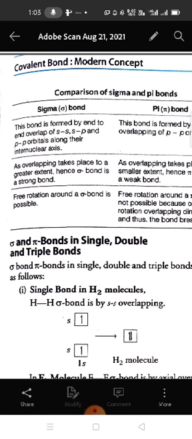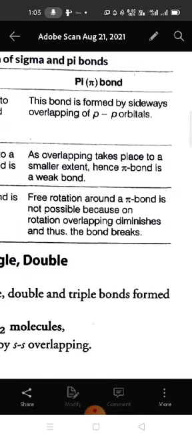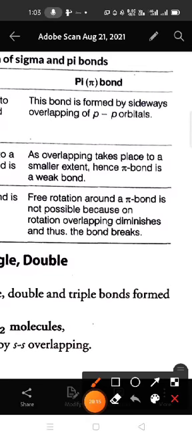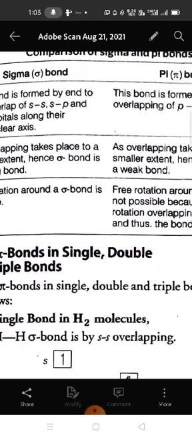Whenever the orbitals overlap axially, they form a sigma bond. As overlapping takes place to a smaller extent, a pi bond is formed. In this kind of overlapping, partial overlapping takes place and the bond becomes weaker.